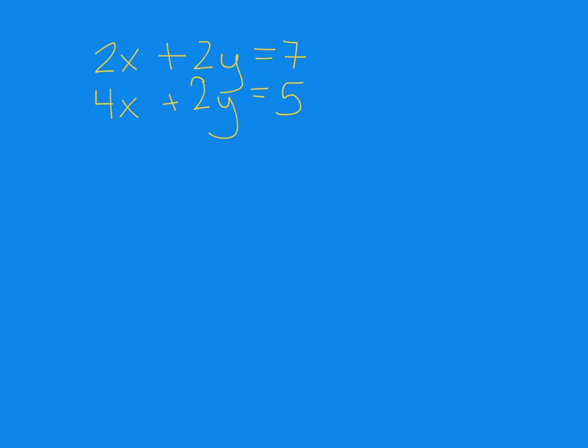This next problem has 2x plus 2y equals 7 and 4x plus 2y equals 5. Now, you can see right here that both of my y's have the same coefficient. So when that happens, they want you to use elimination with subtraction.